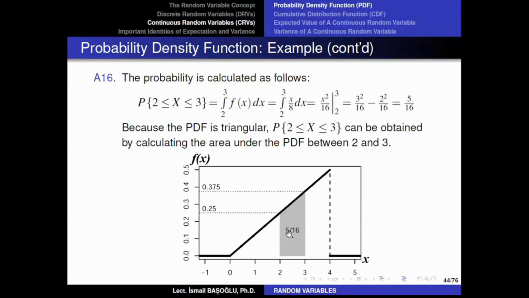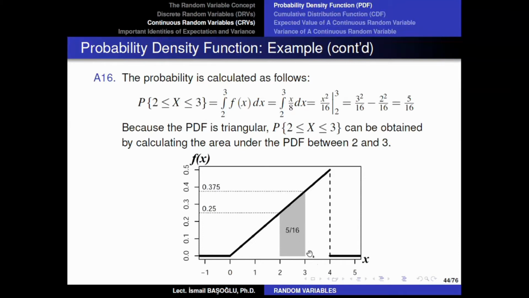And the average of them is going to be 5 over 16. You are not supposed to multiply it with 1 in any way. So the area of this trapezoid is 5 over 16. So without even using the integral, we can calculate this probability because of the linear function. We know how to calculate the area of a triangle or a trapezoid from primary school. So this is how we solve this problem.